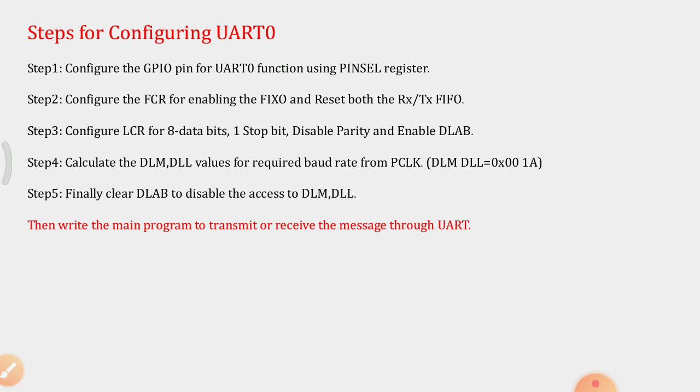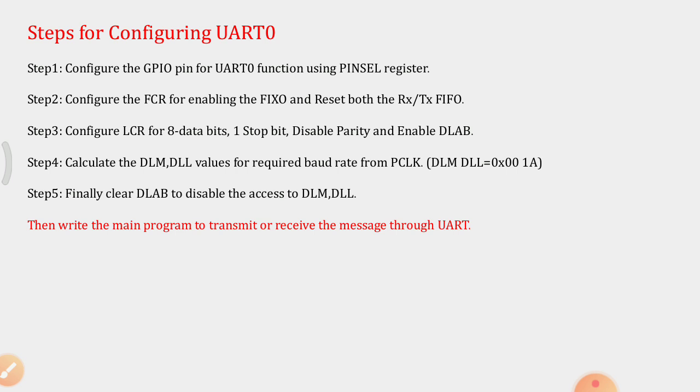So these are the steps for configuring UART0. Step 1, configure the GPIO pins, port 0.2 and port 0.3, for UART0 functioning using the pin select register.